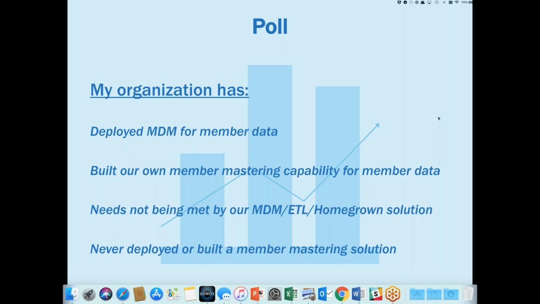These were historically 6 to 18-month projects and could be millions of dollars, so a lot of folks were hesitant to jump into that space. So it's not surprising to see that folks never really deployed the solution, which is going to be interesting for us as we talk about what we can offer and what we're doing, specifically Verato, in this space.